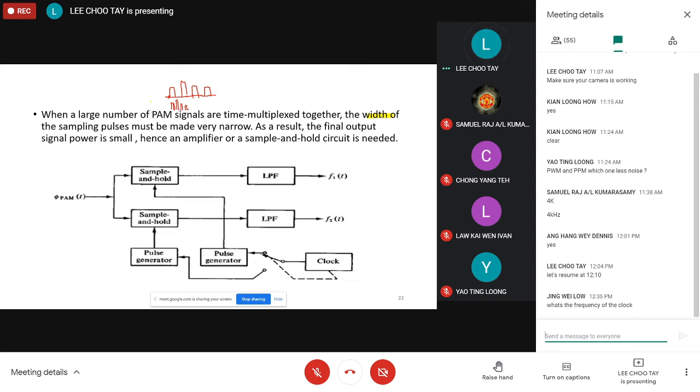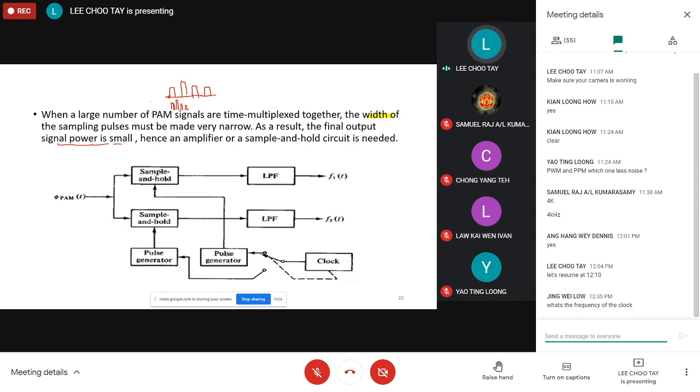When your pulse widths are narrow, your signal power will be very small, because signal power depends not only on the amplitude but also on the duration of the pulse. Because the width is getting narrower, our output signal power is going to be very small as well.